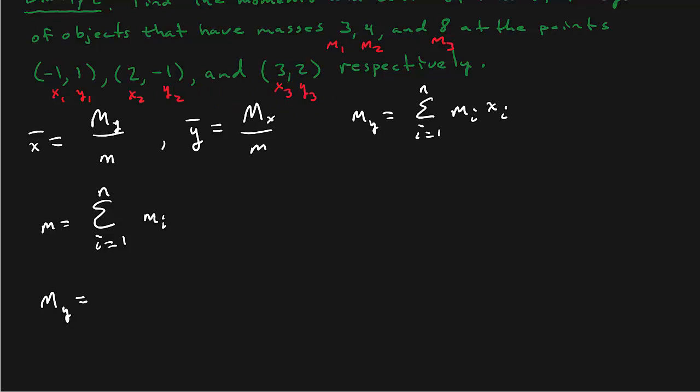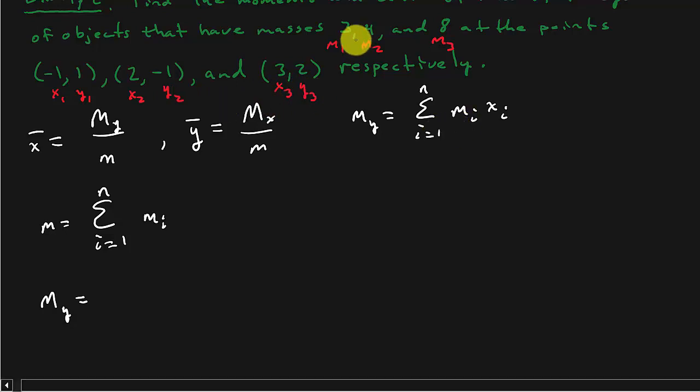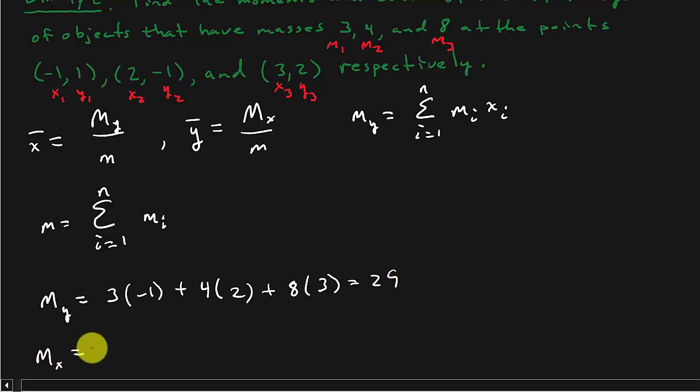All right. So we've got 3 times what? x1, times -1, plus 4 times the 2, plus 8 times x3, which is 3, and that equals 29. And then we have Mx.